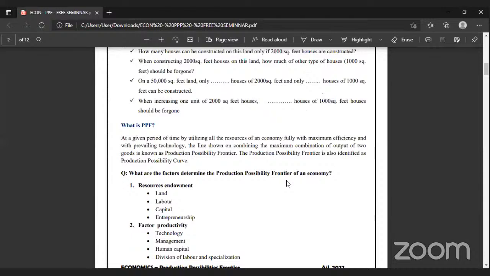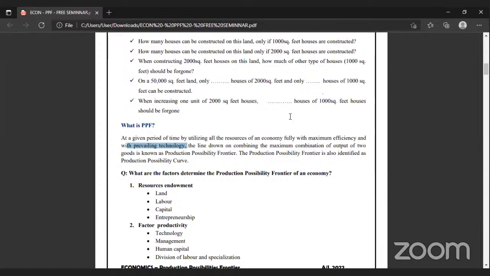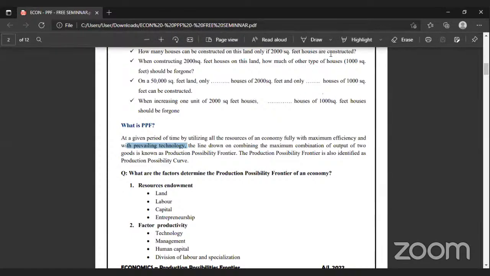The condition is very important: we are using maximum efficiency points. At the same time, another condition is that we have to use the prevailing technology, the present technology. And there is a combination of 2 products. Wherever you are drawing the graph, you have a combination of 2 products, right?